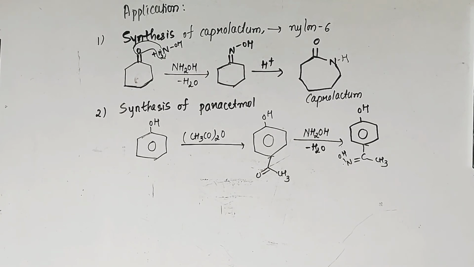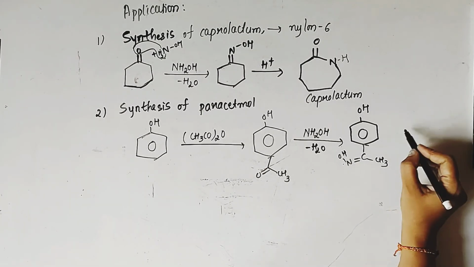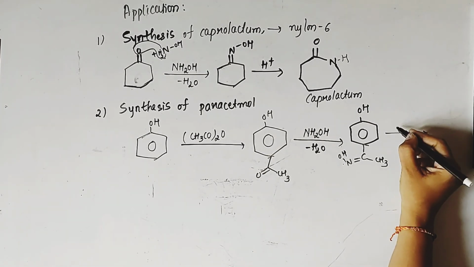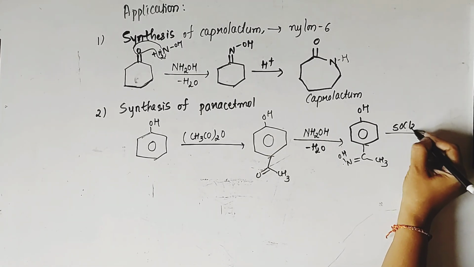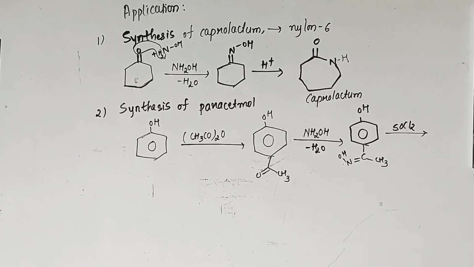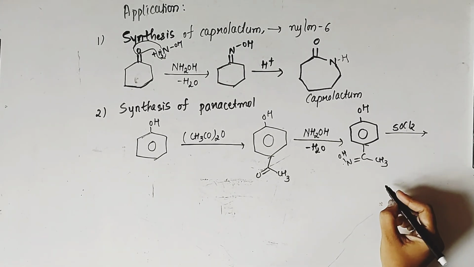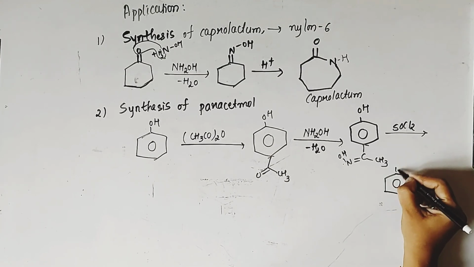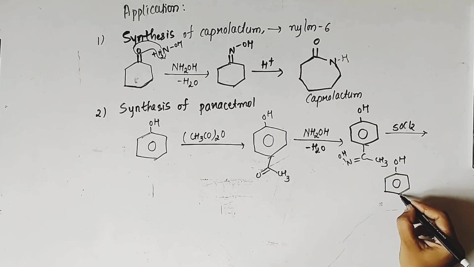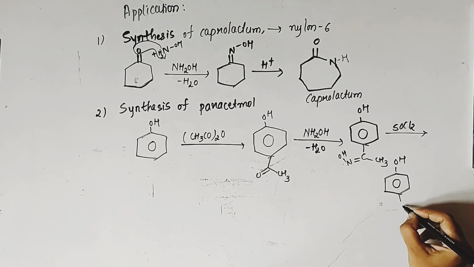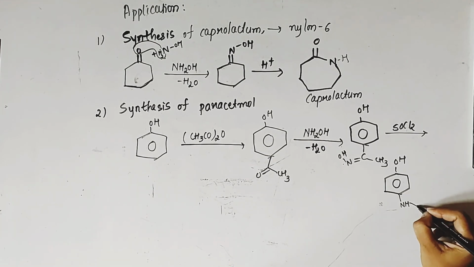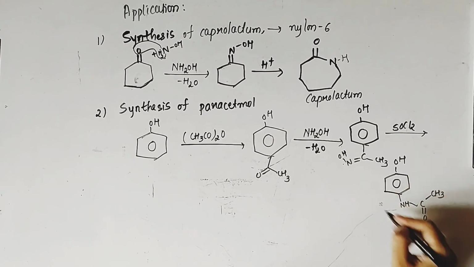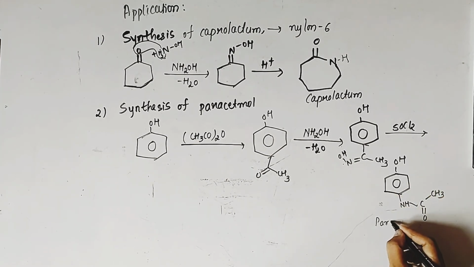Now this compound undergoes Beckmann rearrangement in the presence of thionyl chloride, and that leads to the formation of paracetamol. So paracetamol, this is OH here, and here we will get NHCOCH3. This is nothing but paracetamol.